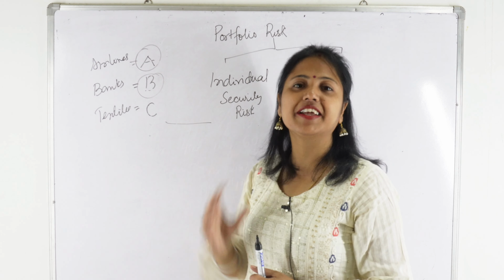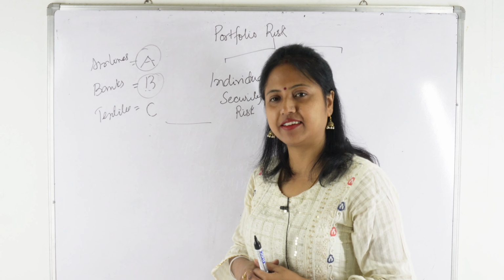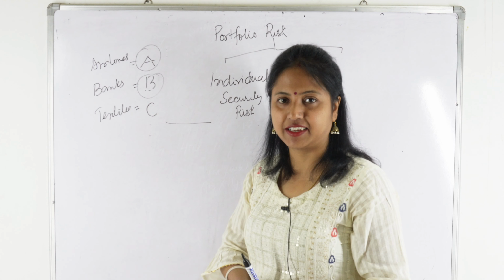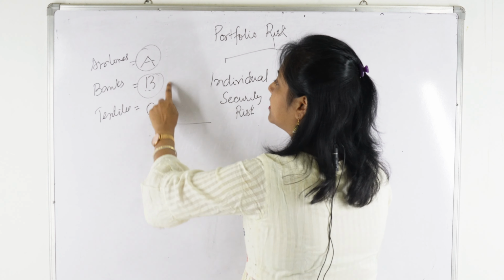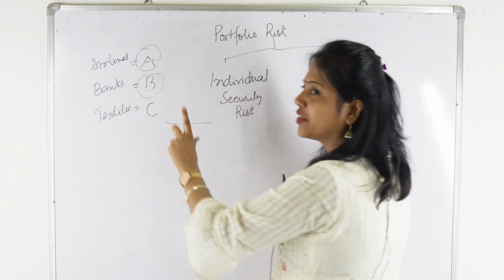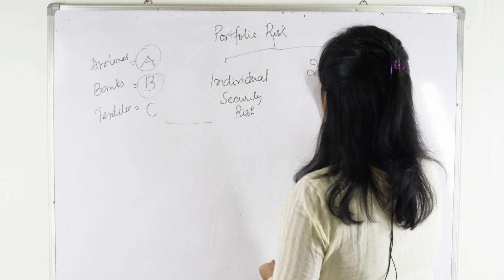But if they are unrelated, then I am quite safe because anything adverse in one sector will be balanced by the returns from the other sector. So there is also a need to see how much within themselves they are moving together, right? So this is called interactive risk.